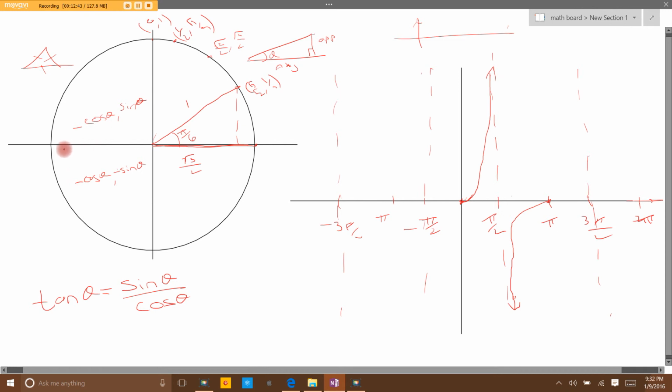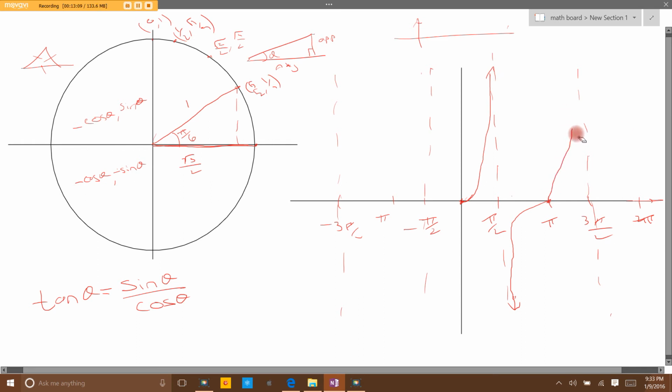But we also see that it's kind of a reflection, going from pi to 3 pi over 2, cosine of theta is decreasing, right? So as cosine of theta decreases and sine of theta increases, this fraction gets larger. And because they're all positive, it gets larger positive.